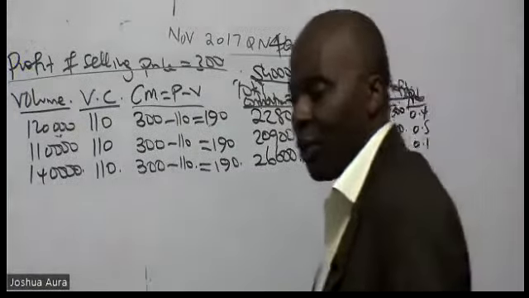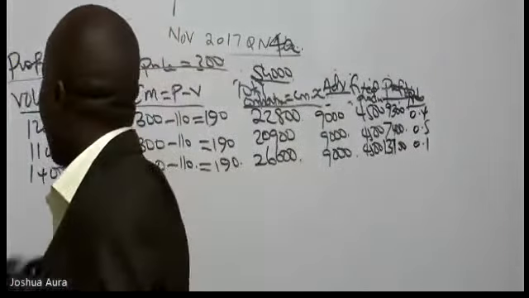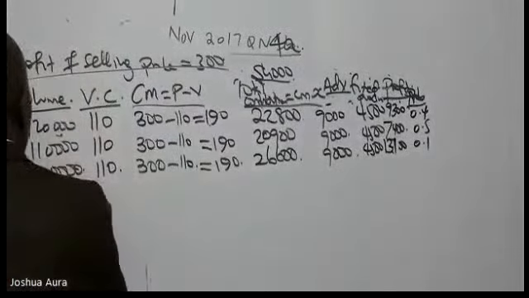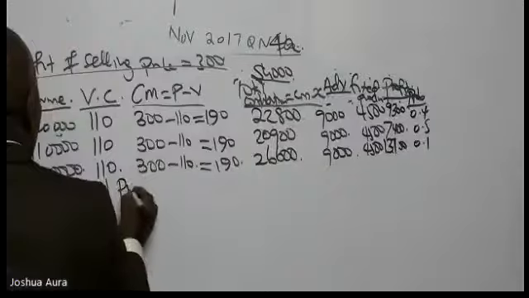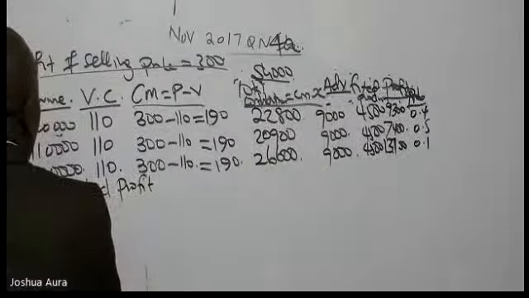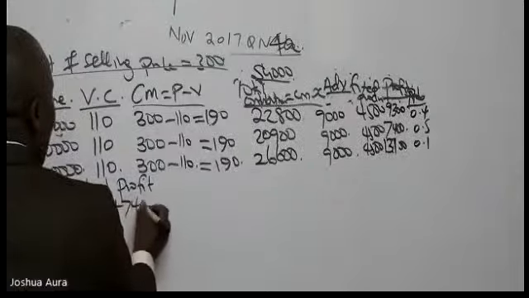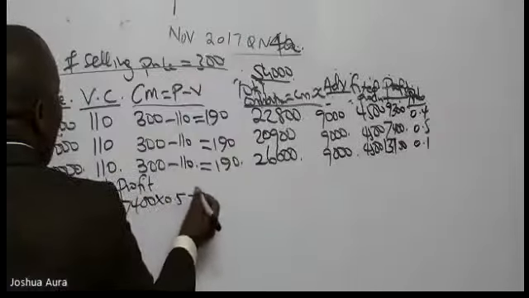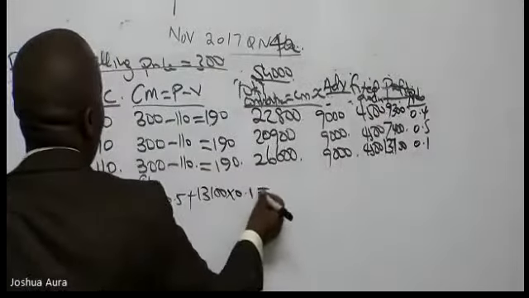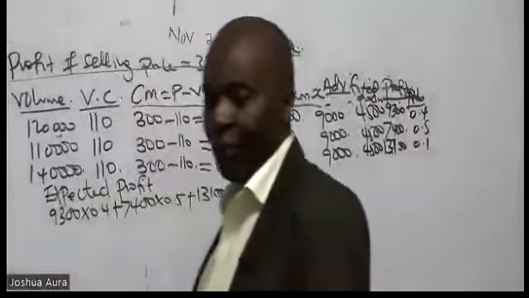So ladies and gentlemen, what I need to do now, with the probability there, is give what we call the expected profit. So the expected profit: we have 9,300 times 0.4 plus 7,400 times 0.5 plus 13,100 times 0.1, which will end up giving us what?